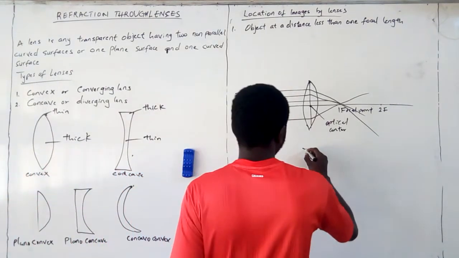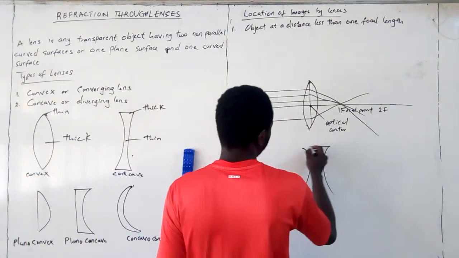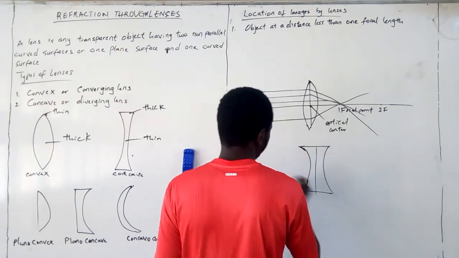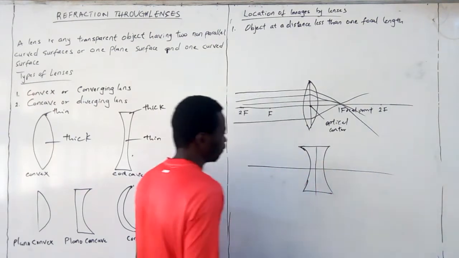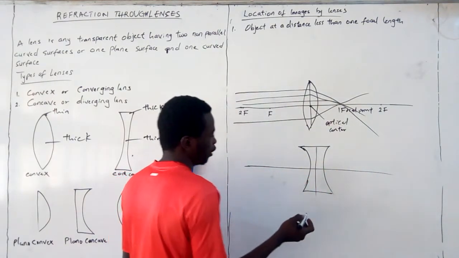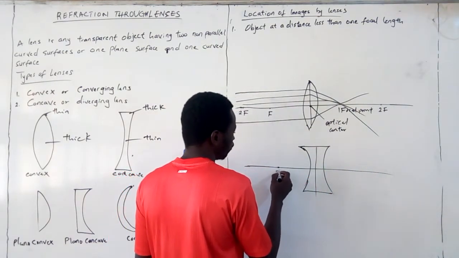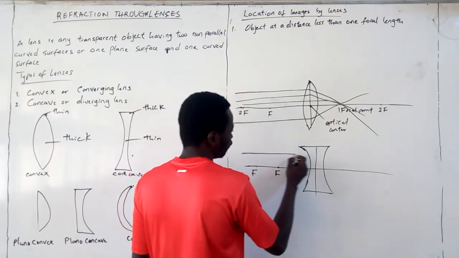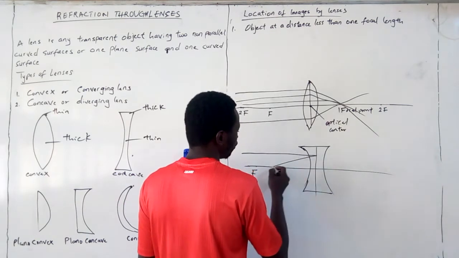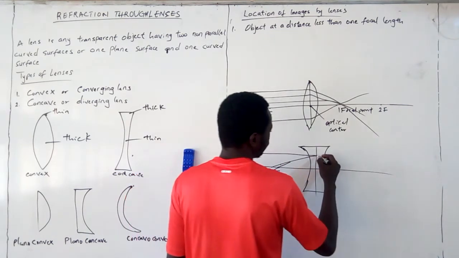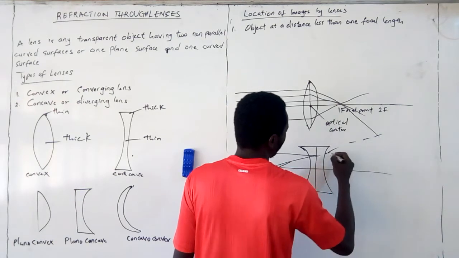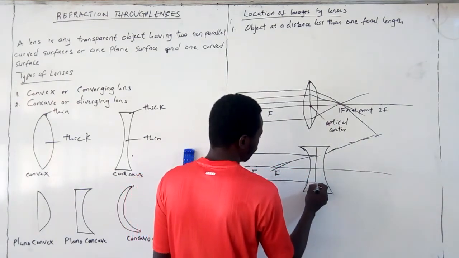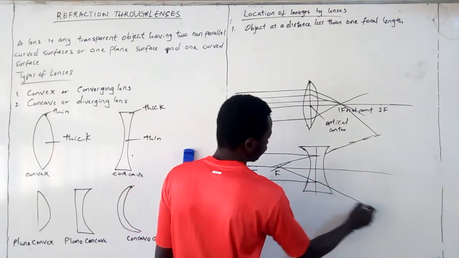Then for a diverging lens, that's the concave lens, we'll have the same thing. If you have an object, let's say this F, this F, then any rays of light that come this way will tend to diverge.